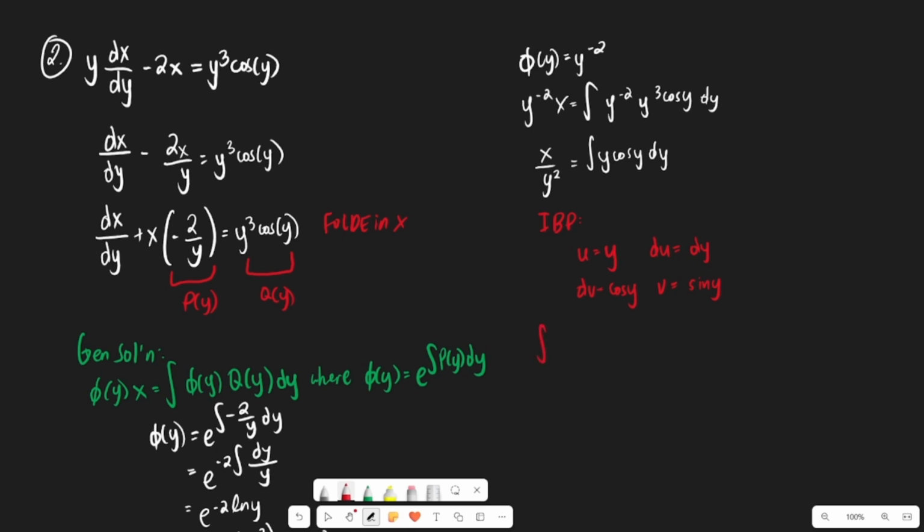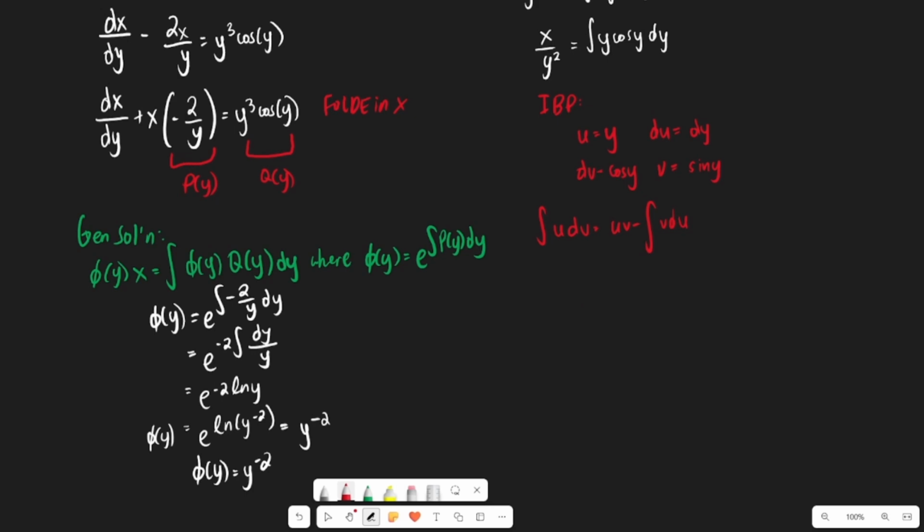The integral of u dv is equal to uv minus the integral of v du, where u is y and cosine y dy is dv, which is equal to y times sine y minus the integral of v, which is sine y, and du, which is dy.